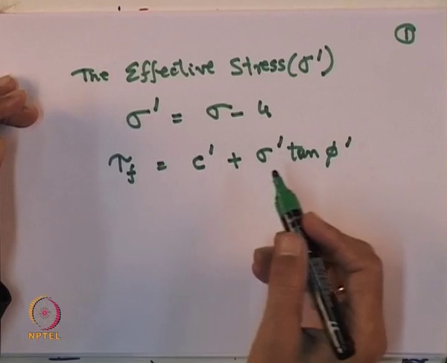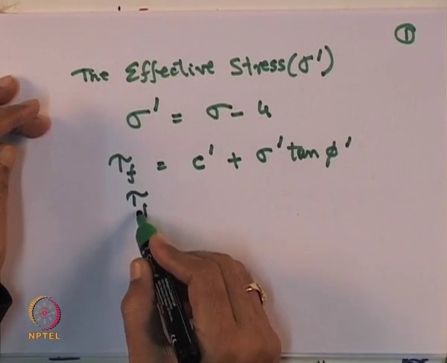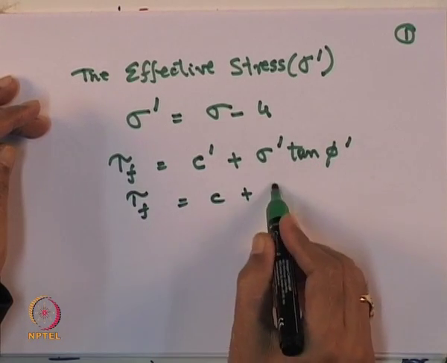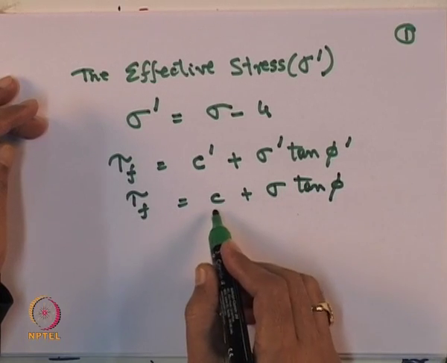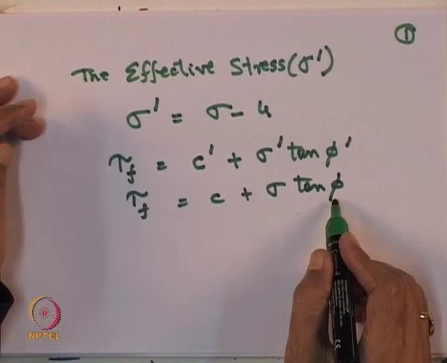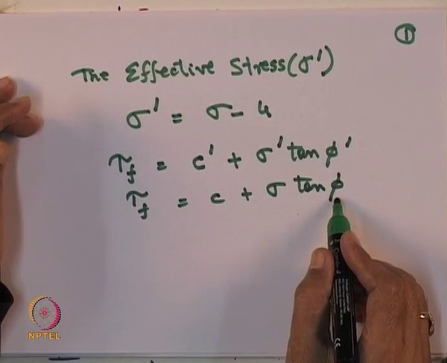In terms of the total stress, you can also write tau F is equal to C plus sigma into tan phi, where C is the cohesion and phi is the angle of shearing resistance.